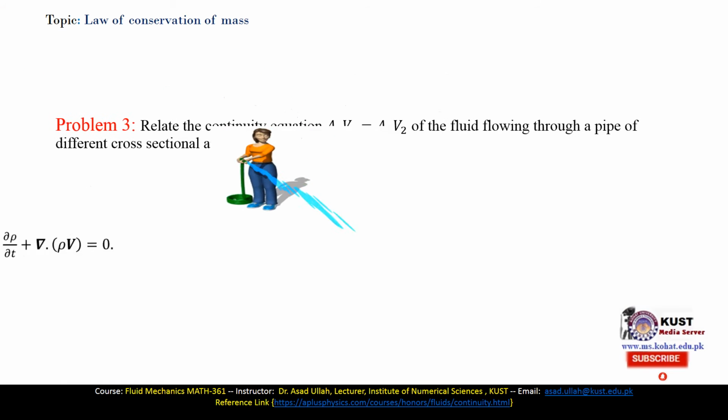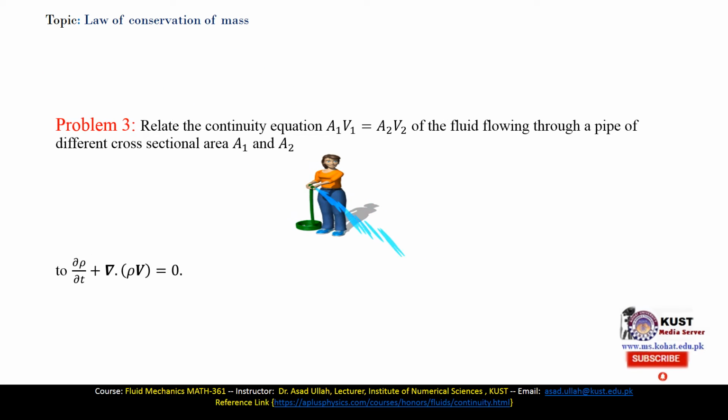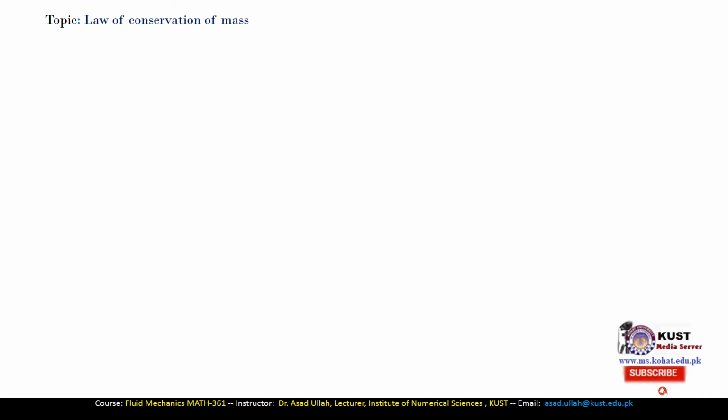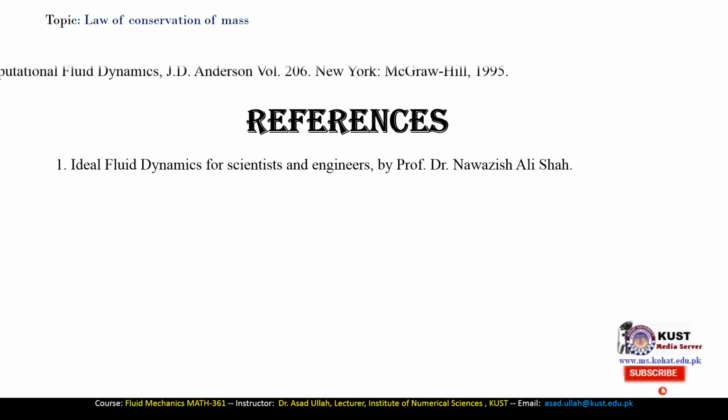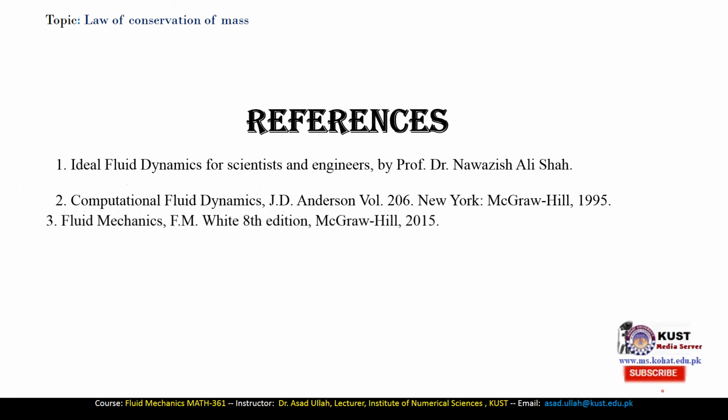Now in problem number 3, relate the continuity equation A1V1 is equal to A2V2 of the fluid flowing through a pipe of different cross-sectional area A1 and A2 to the continuity equation we discussed in this lecture. Finally, in references, all the materials in this lecture are provided from the following references.